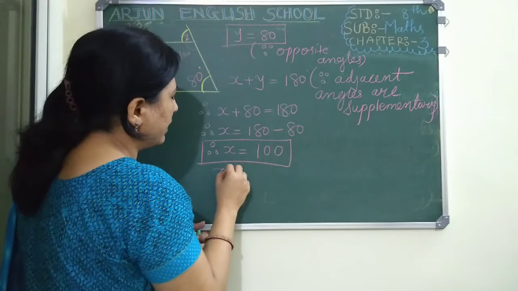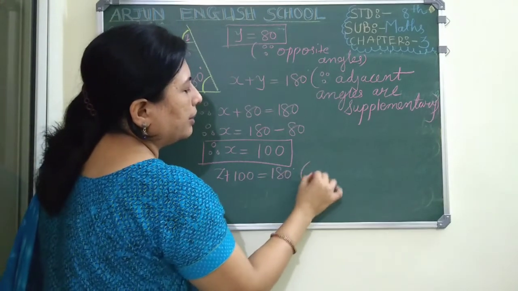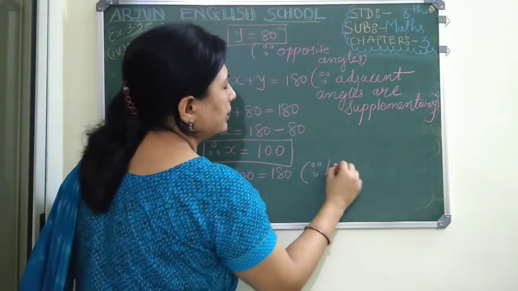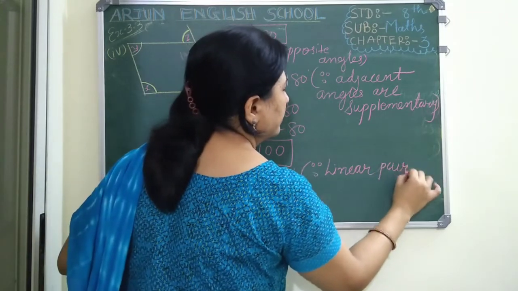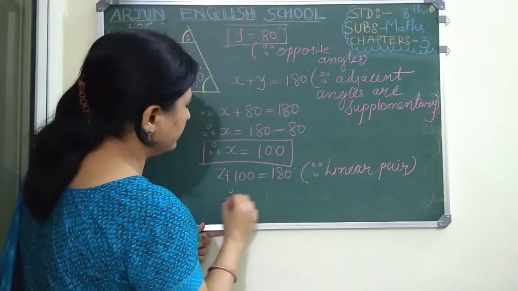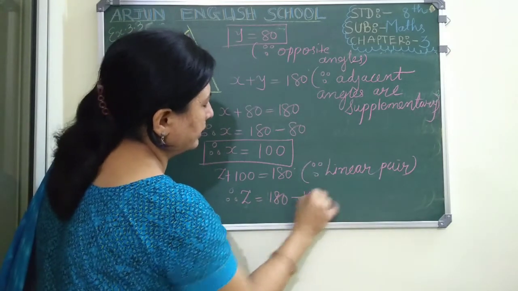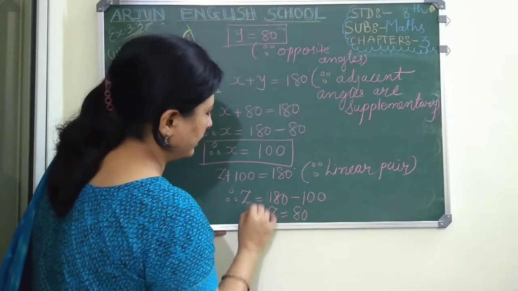So z plus 100 is equal to 180. In brackets I am writing here linear pair. Therefore, z is equal to 180 minus 100. Therefore, z is equal to, again we are getting 80.